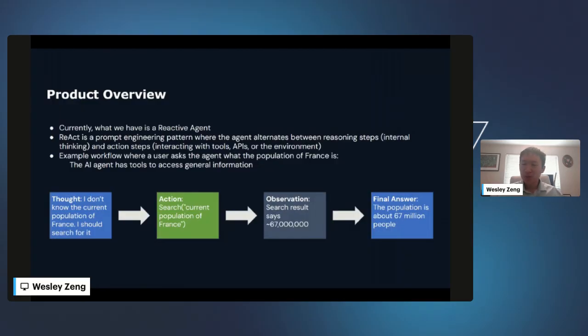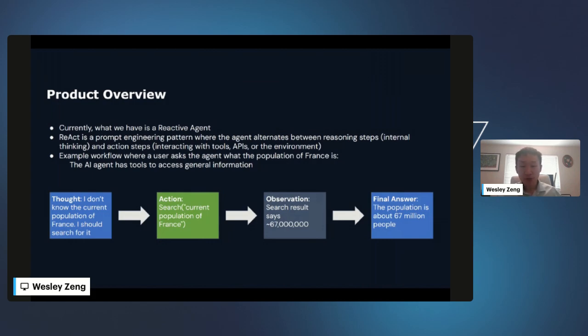So here's an example workflow where a user asks the agent what the population of France is. The AI agent in this scenario has been given access to a tool to get general information. So, what of a thought? It'll say, I don't know what the current population of France is. Maybe I should search for it, right? So it'll search for the current population of France through a tool.